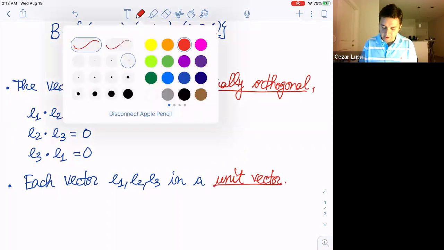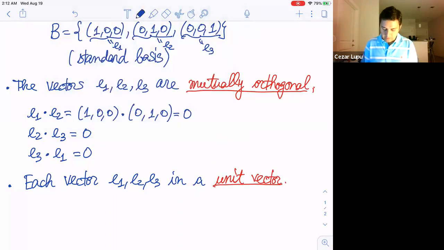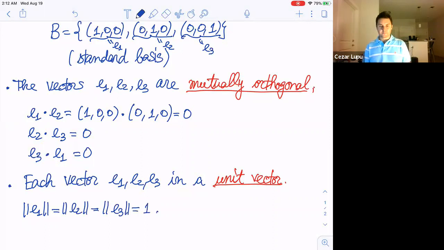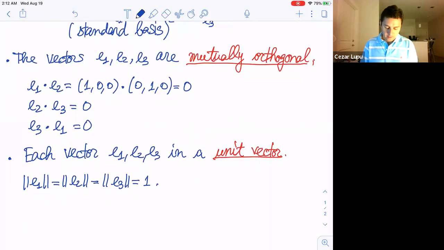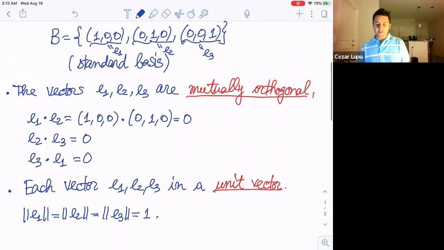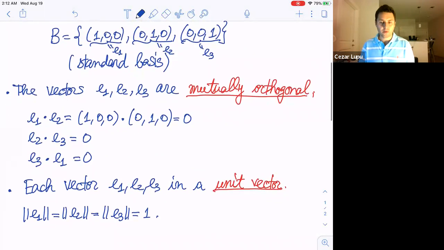Again, another important thing. It's quite clear if you look at the length of each one of them, and I'll leave it to you as an exercise to see it. This clearly is 1. Well, this is the standard basis in R3.